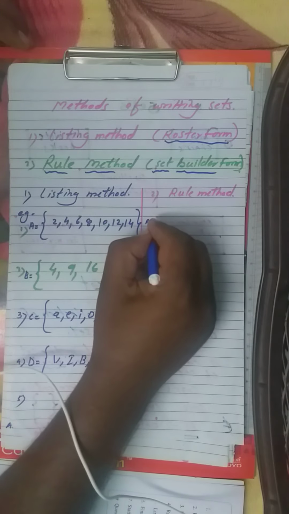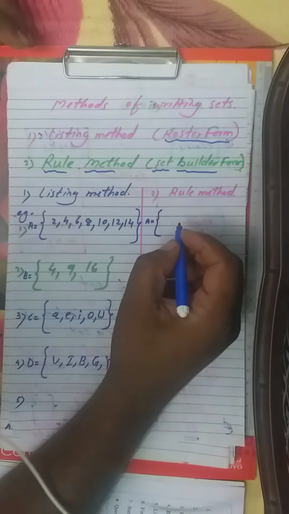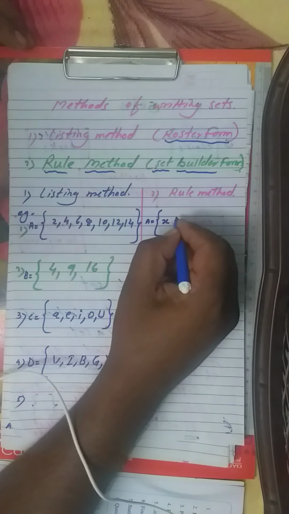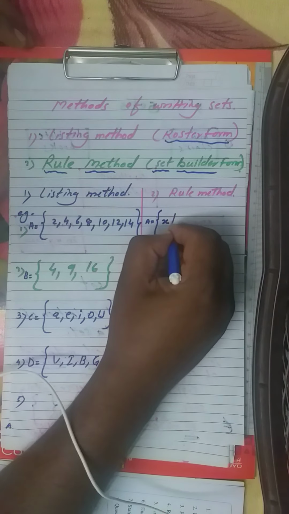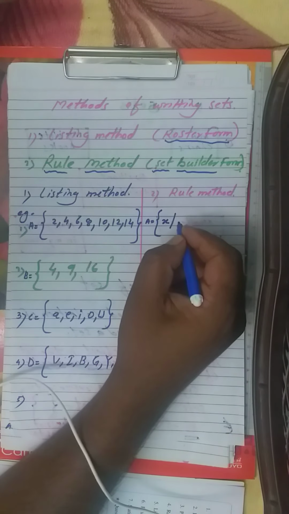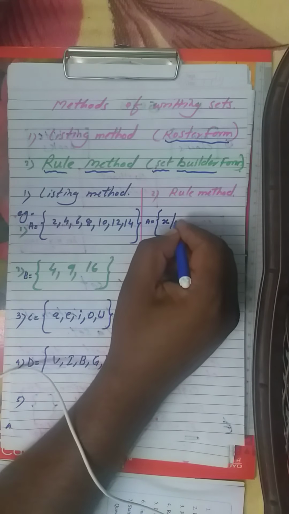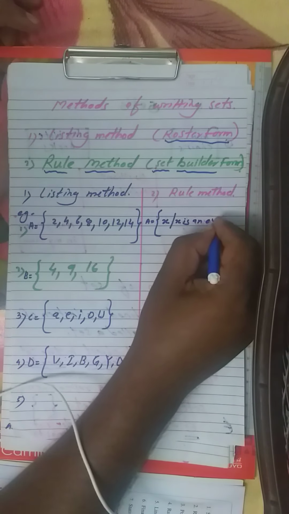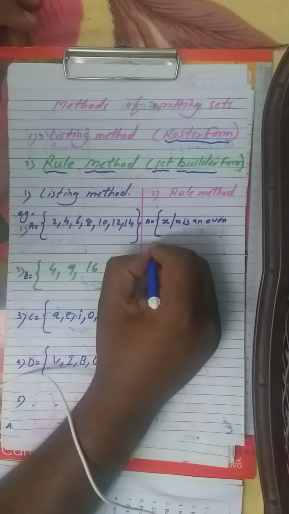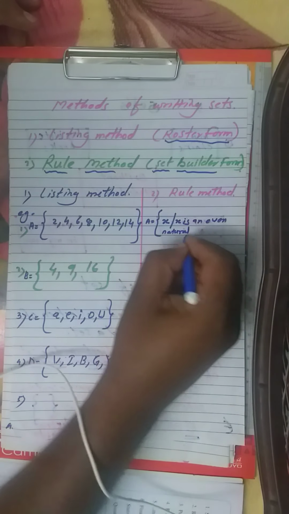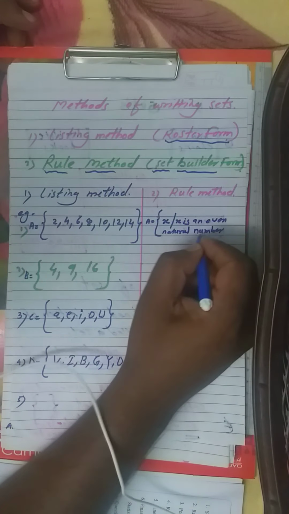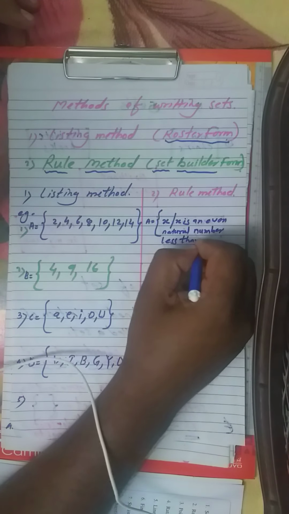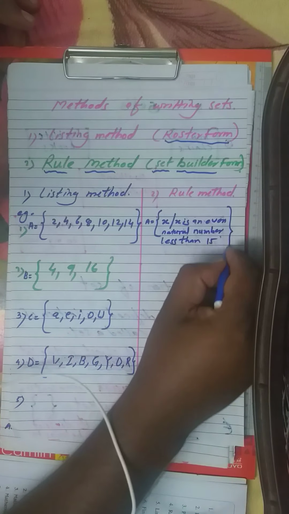We can write it like this: A is equal to, the sign of a set is what, curly bracket, x. This line indicates 'such that', so we read it as x such that x is an even natural number less than 15, curly bracket close.